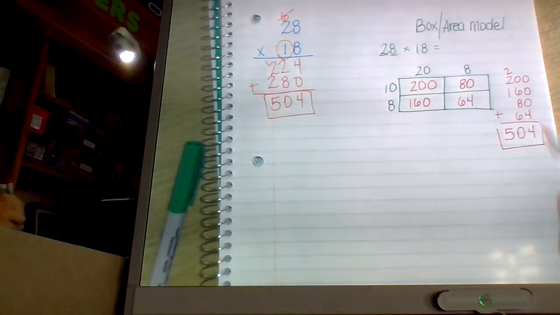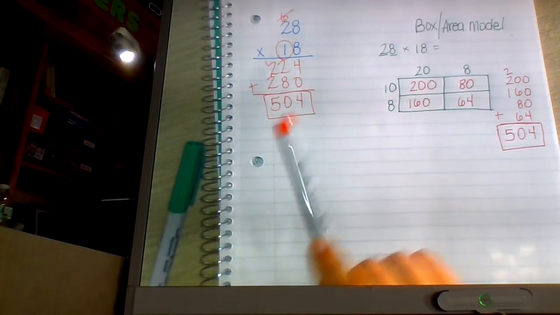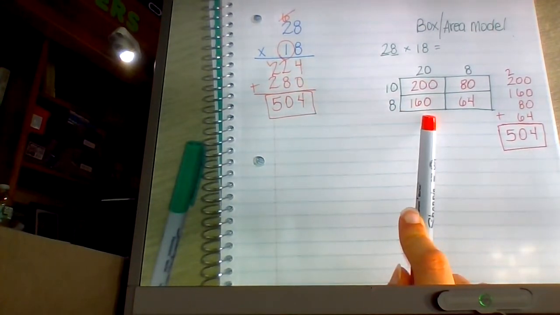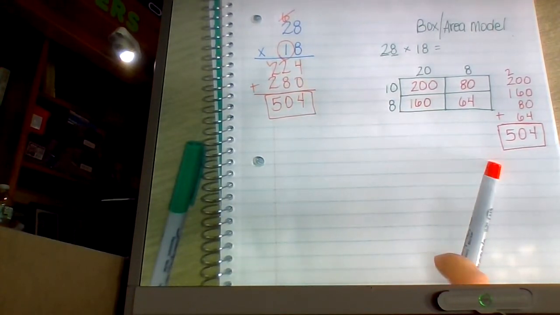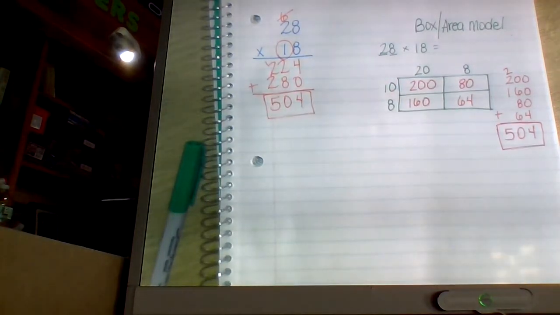So I had the exact same problem, 28 times 18, or 28 groups of 18, and I solved it using 2 different strategies. I solved using a standard algorithm and the box or area model, and notice that my products are the exact same. Okay, let's try one more together.